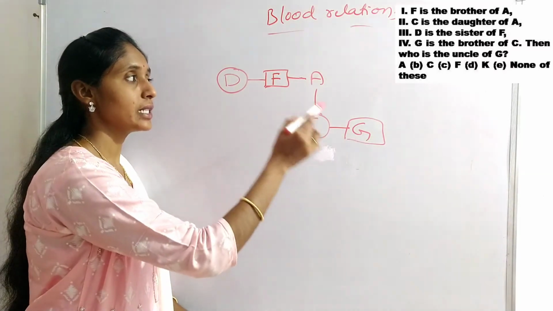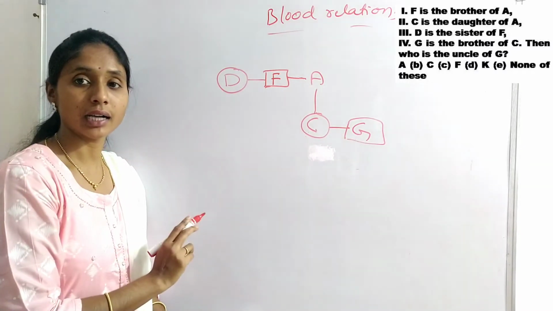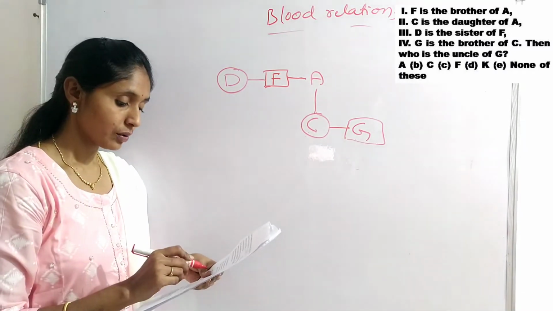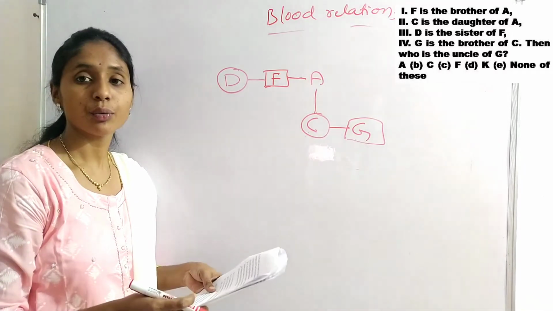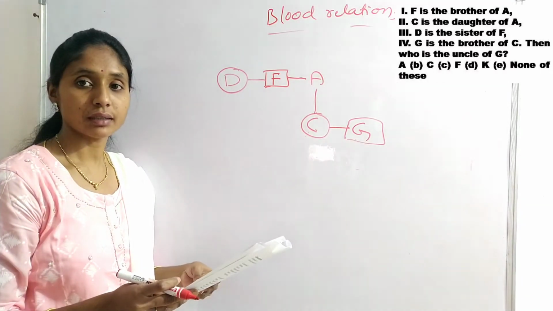If C and G are kids of A, then F is related to G as uncle. So F is the right answer for this question. Option C is the right answer.